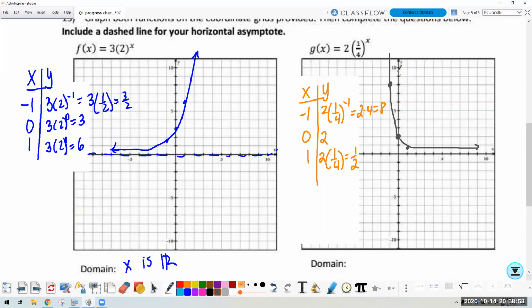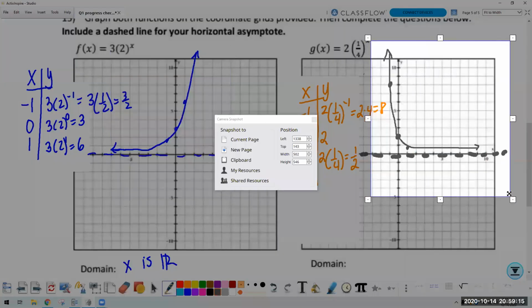Approach that horizontal asymptote again. I'm going to make sure I do it in a color you can see. There we go. So there's my horizontal asymptote. Let me do the same thing where I can see my properties at the same time.